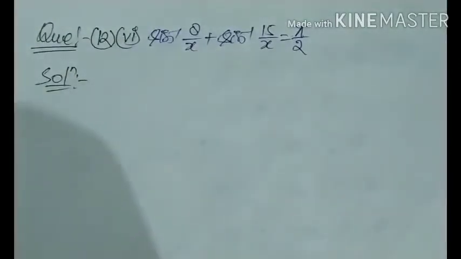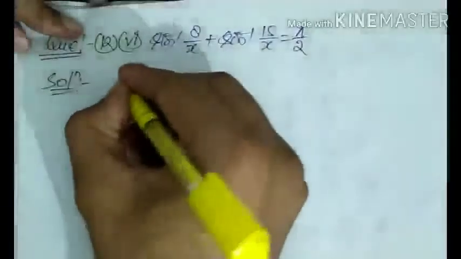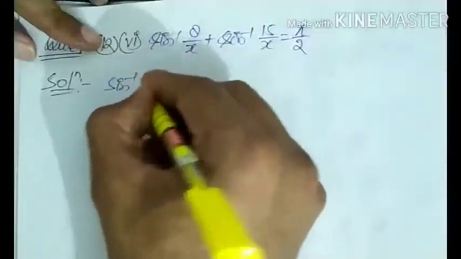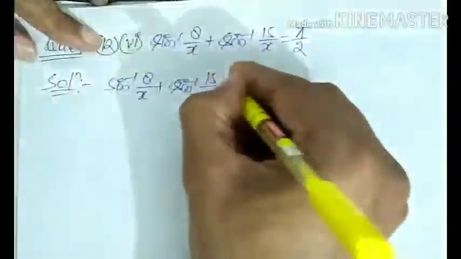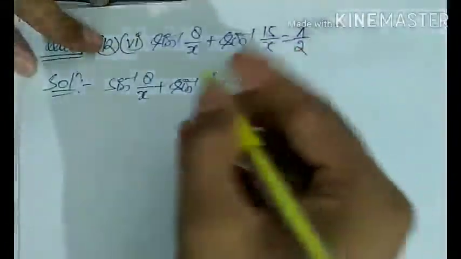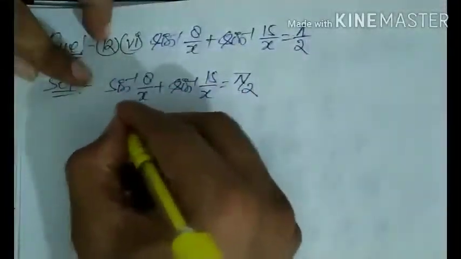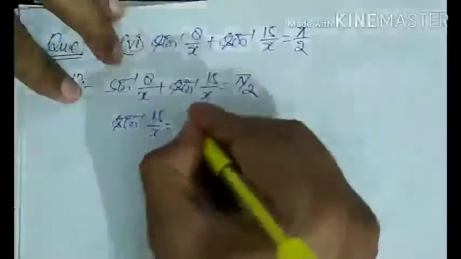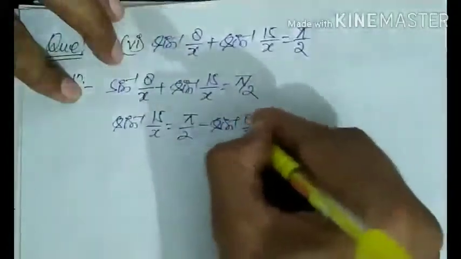That's why I am going to use another method. I'm going to write the given equation sin inverse 8 by x plus sin inverse 15 by x equals pi by 2. I'm going to take sin inverse 8 by x to the right side, then it will be sin inverse 15 upon x equals pi by 2 minus sin inverse 8 upon x.